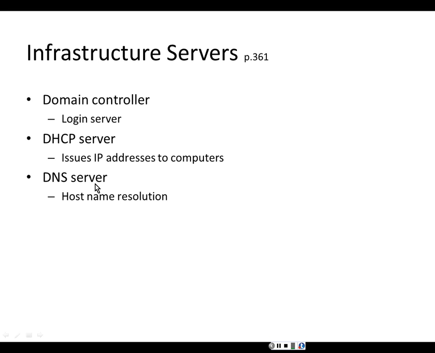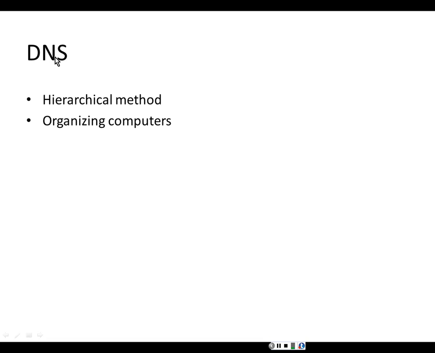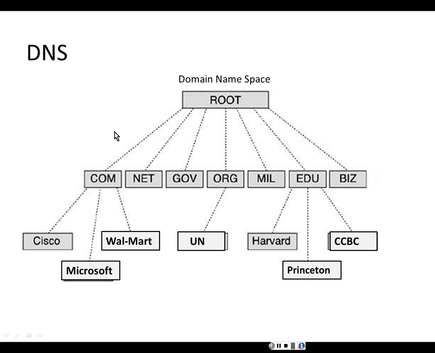Now let's discuss what's meant by a DNS server. A DNS server performs host name resolution. So can you please turn to page 362 and let's look at what's meant by a DNS server. DNS is a hierarchical method of organizing computers. The DNS domain space starts with a root and it's subdivided into top-level domains such as .com, .net, .gov, .org, and .edu.